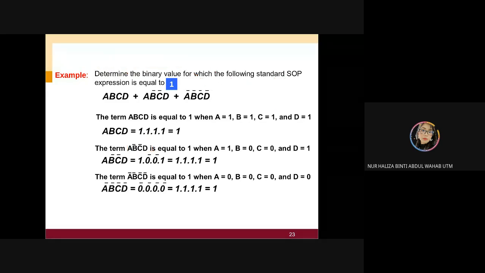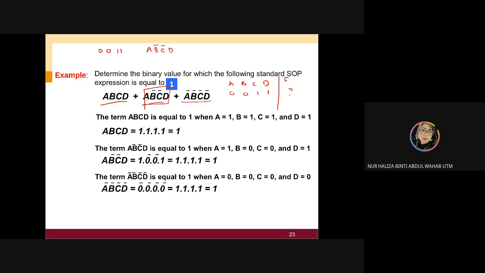Okay, I give you another example. Let's say you didn't have all this, okay? You get A, B, C, D equal to 0, 0, 1, 1, and then you have F. What is F? Let's say you have 0, 0, 1, 1. You compare with your term A, B bar, C bar, D. Okay, you put it over here.